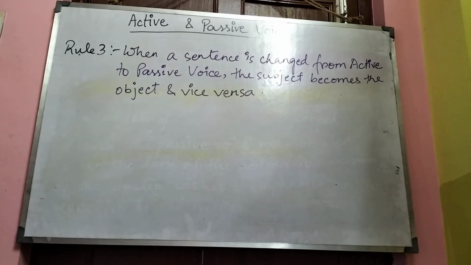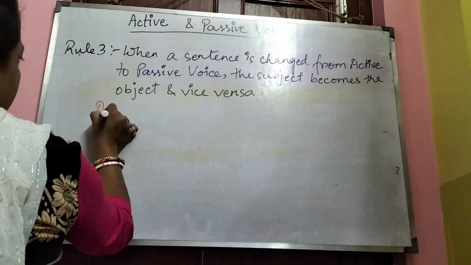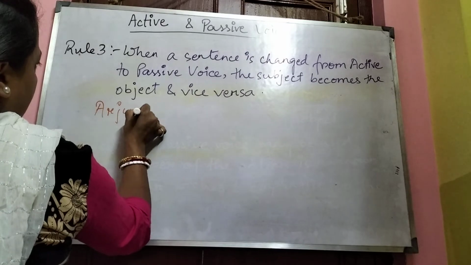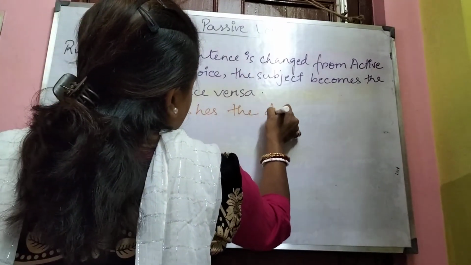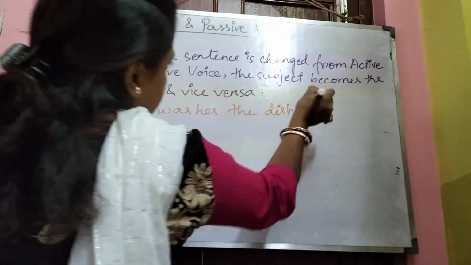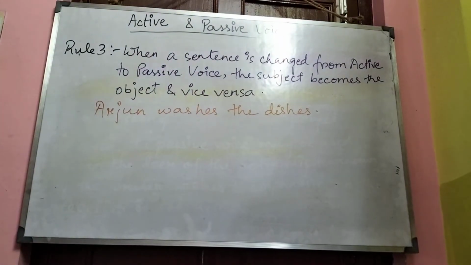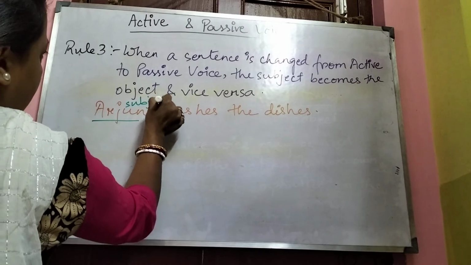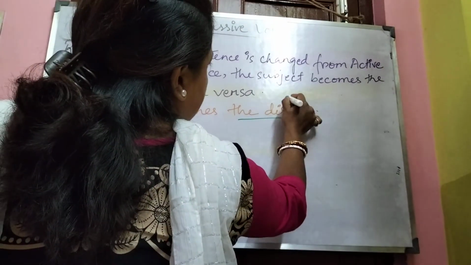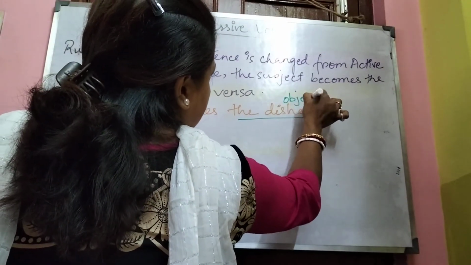For example, Arjun washes the dishes. Now what do we see here? We see Arjun is the subject, the dishes is the object.